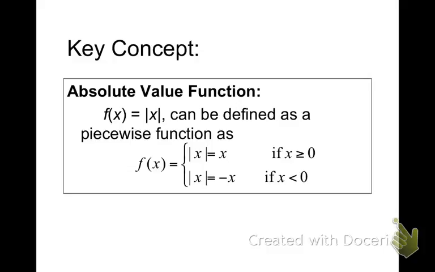Positive 2. What's the negative of negative 2? Positive 2, right? So if you're taking the absolute value of negative numbers, really you're taking the negative of that negative number, and it becomes a positive. What's the negative of negative 2? 2. What's the absolute value of negative 2?